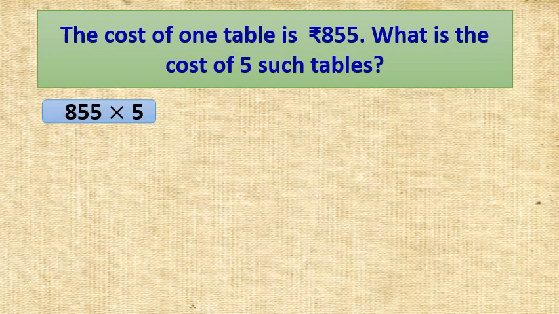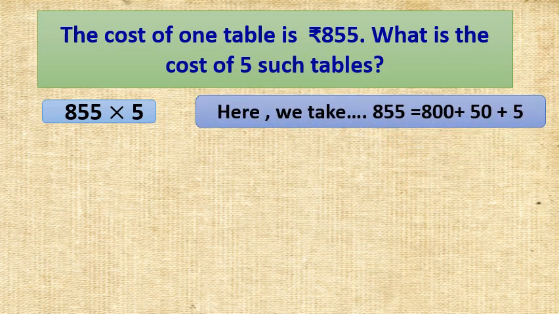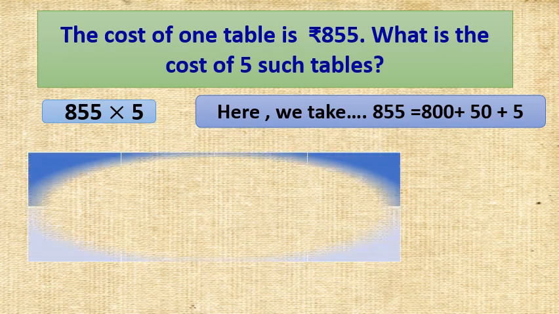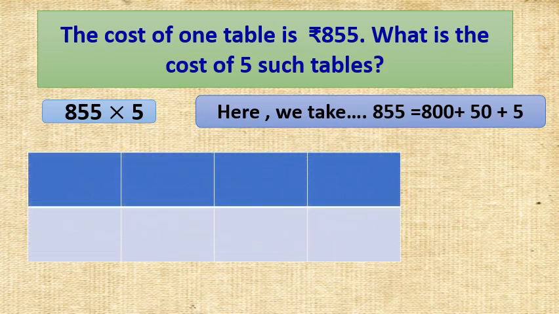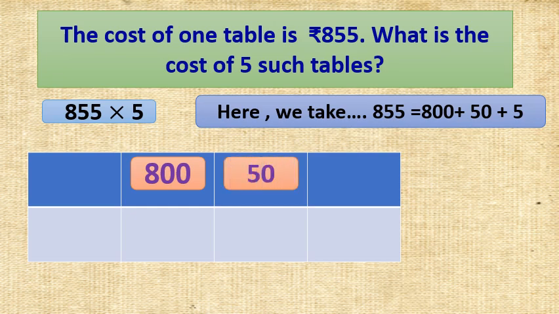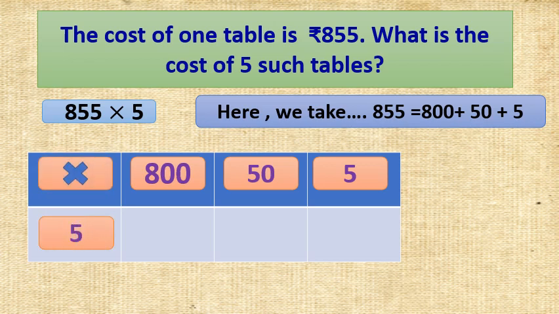And we will write this 855 as 800 plus 50 plus 5, in the expanded form. Right? Now we will make a table. We will write 800, 50 and 5 multiplied by 5. Now we will multiply these numbers by 5.